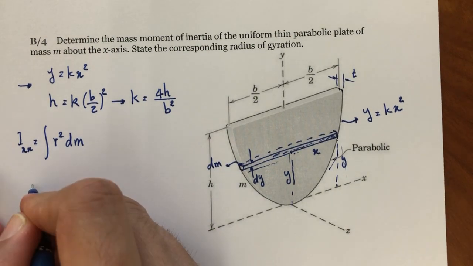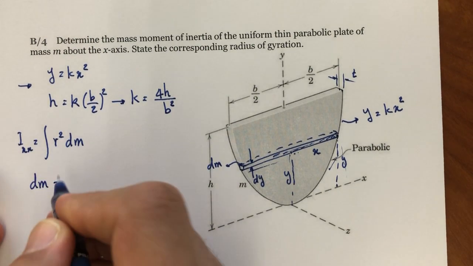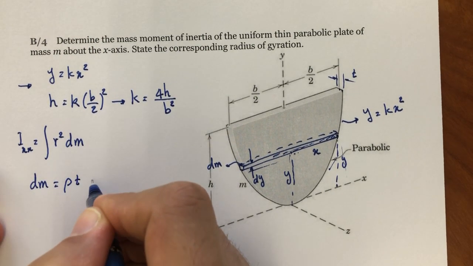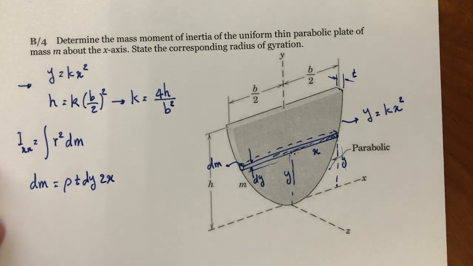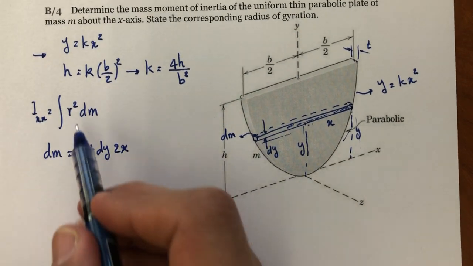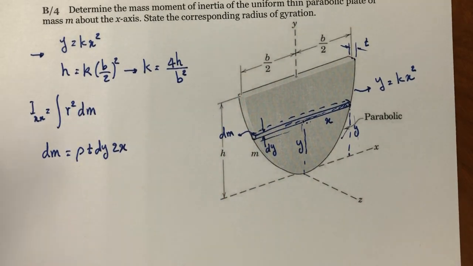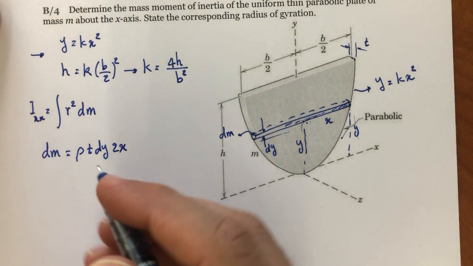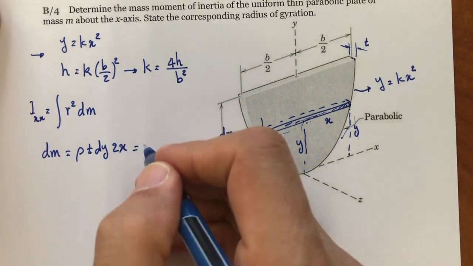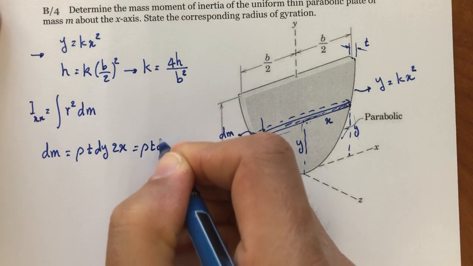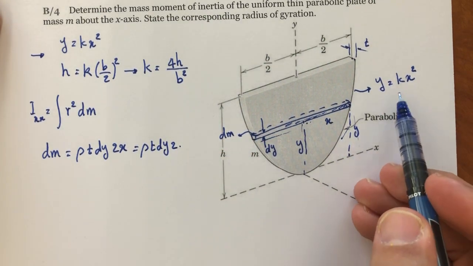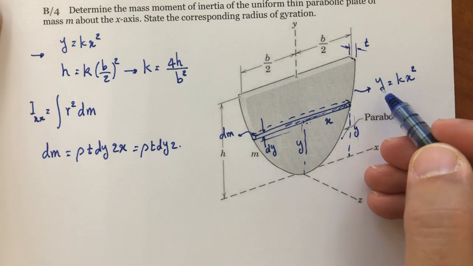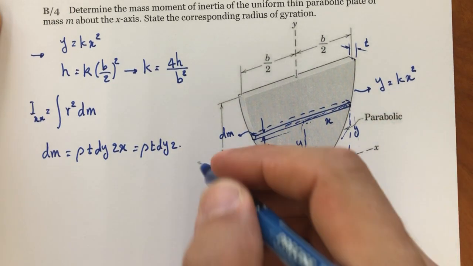So dm is equal to rho times thickness times dy times 2x. Because we have dy here, it's better to write everything in terms of y. So at the end, we are going to be able to do this integral if we do that. So it's going to be rho times t times dy times 2 times x. As I told you before, based on this equation, x is equal to the square root of y divided by k.